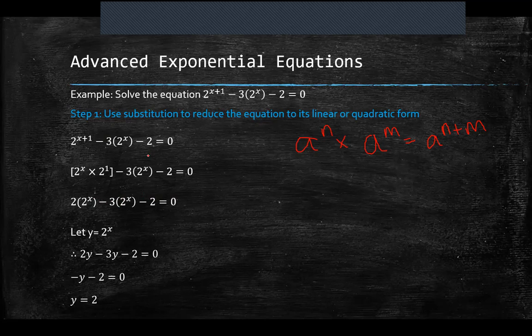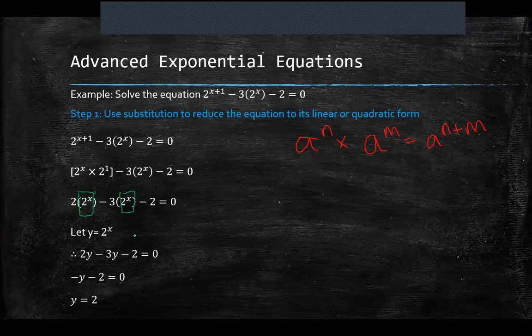This is where the substitution comes in. You let y equal to something, right? So in this case, you would recognize that you have 2 to the power of x here, you have 2 to the power of x here. So using the substitution method, I could say let y, or it doesn't necessarily have to be y, you could use any letter you want to use.